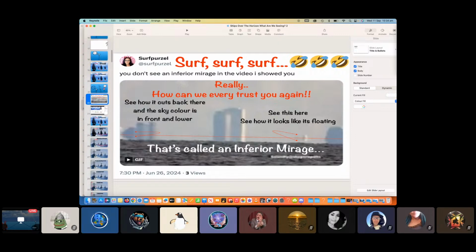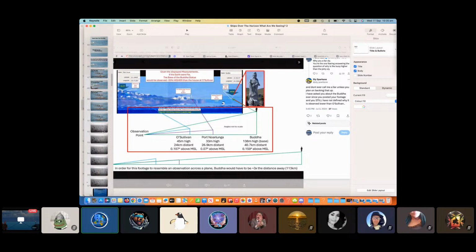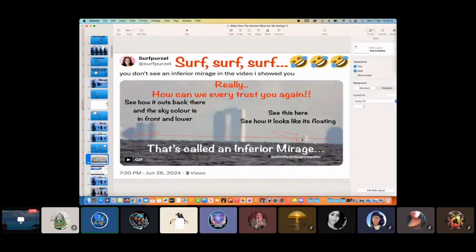And then Sly came to White Knight for her, and then made basically one of these little things, and was like, oh, he thinks that the inferior mirage. Basically, he came up and said that I think this tiny little inferior mirage here can hide 28 stories.